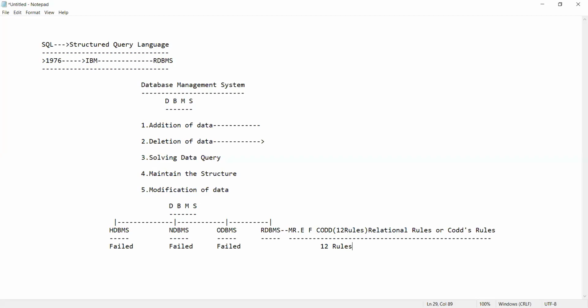One of the major rules is the one language rule. This is a very important rule.